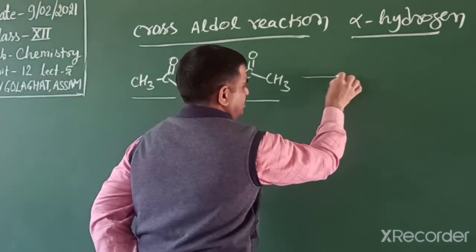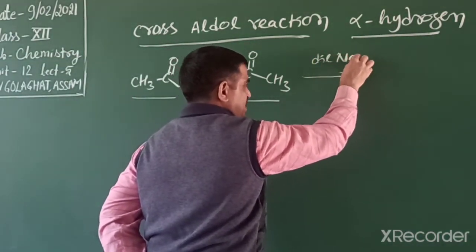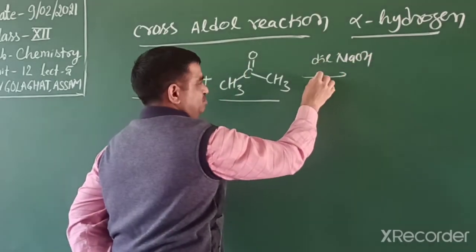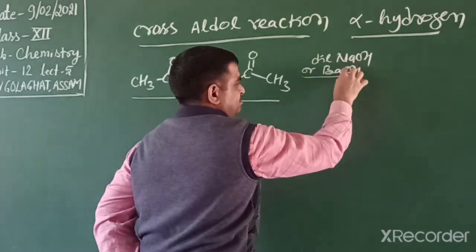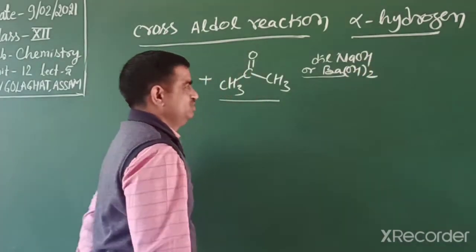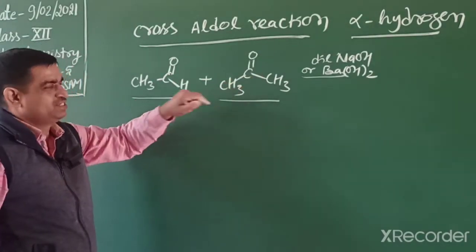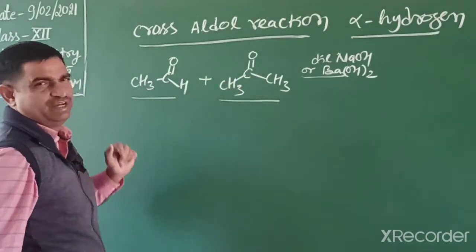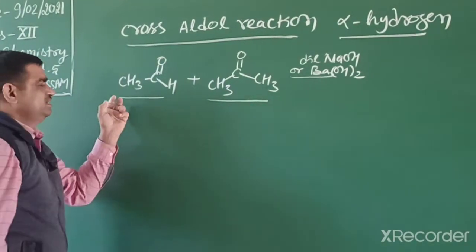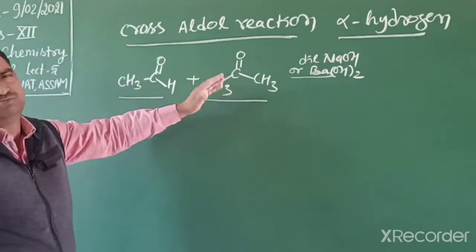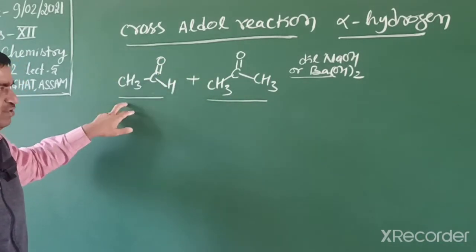When they react in the presence of dilute sodium hydroxide, or we can use barium hydroxide, the base abstracts a proton and forms a carbanion. They can form a carbanion from the aldehyde or ketone or both, because all the hydrogens are available.